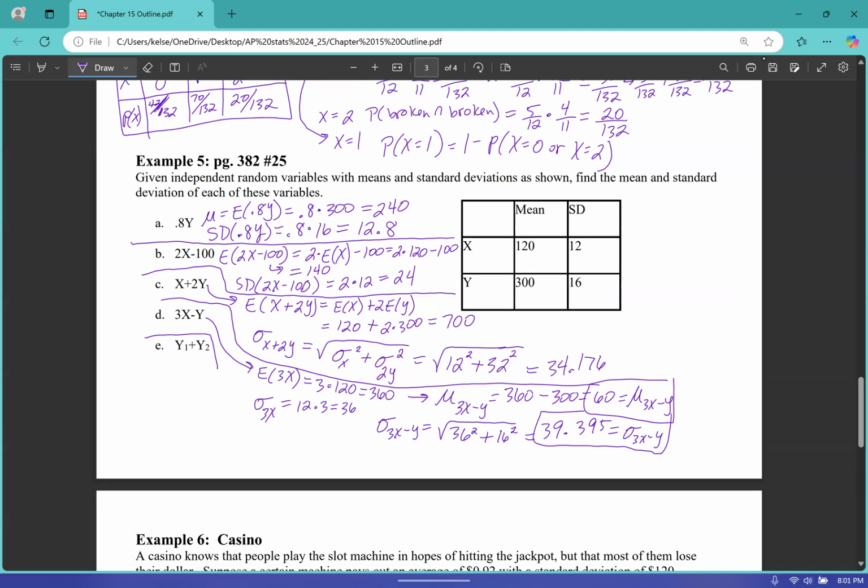All right, and then one last one here, y1 plus y2. This is y happening twice. Now you have to be careful.